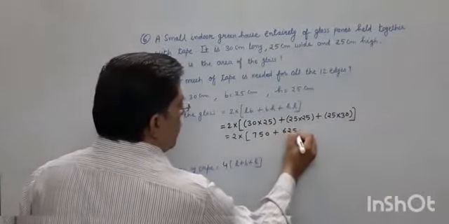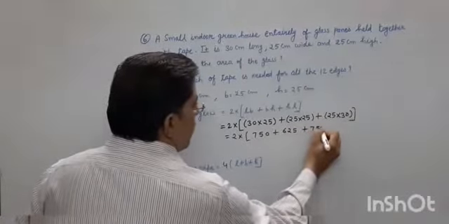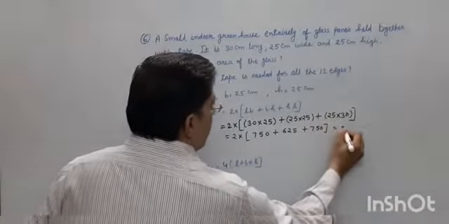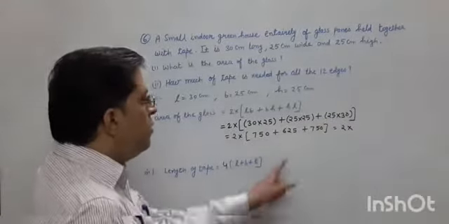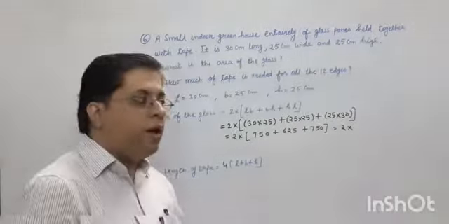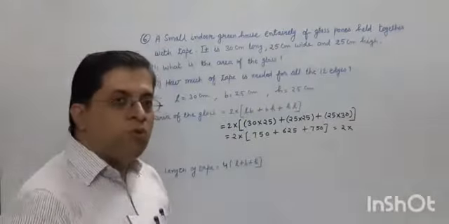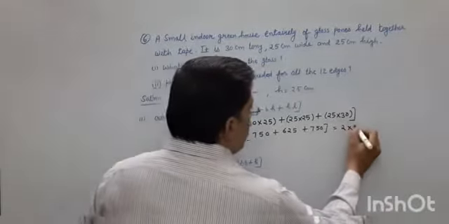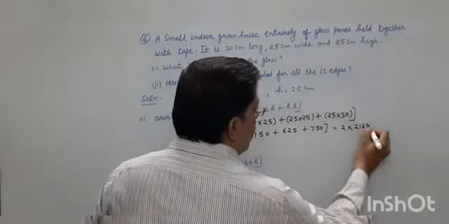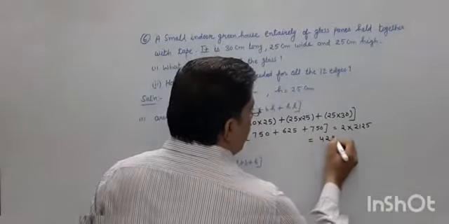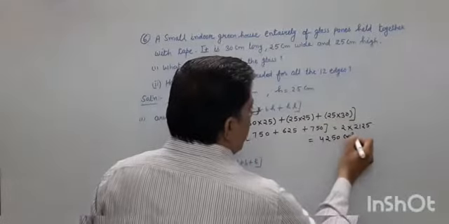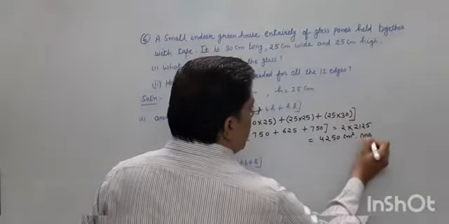This is 625 plus 750. When you add 750 and 750, 1500 plus 625 more, this is 2125. If I multiply it by 2, you will get 4250 centimeter square. This is your first answer.